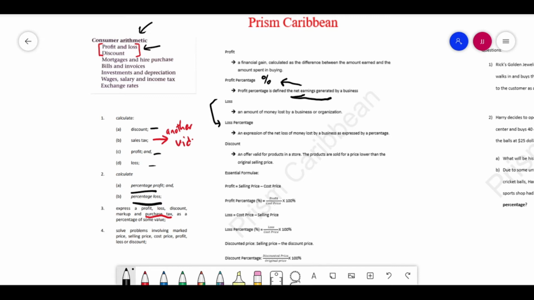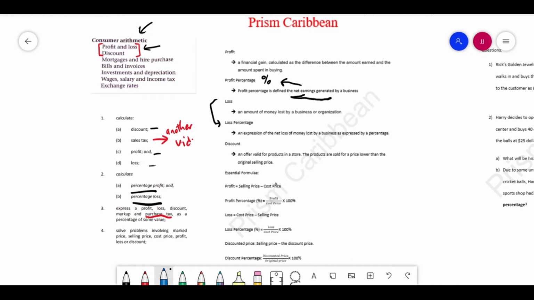Discount is an offer valid for products in a store. These products are sold for a price lower than the original selling price. Now, of course, we need to learn some essential formulae with regards to profit, profit percentage, loss, discount price, and of course discount percentage and loss percentage. Profit is equal to the selling price minus the cost price.